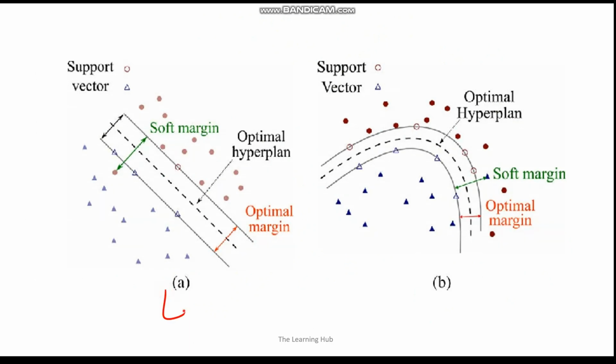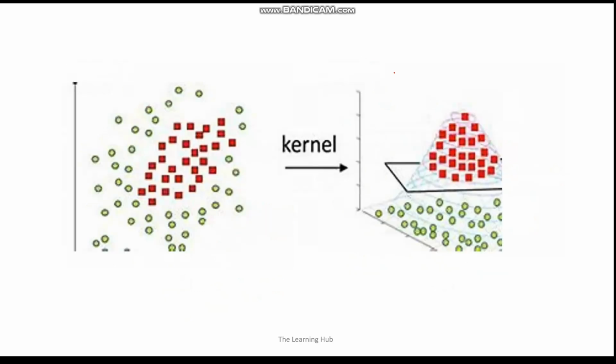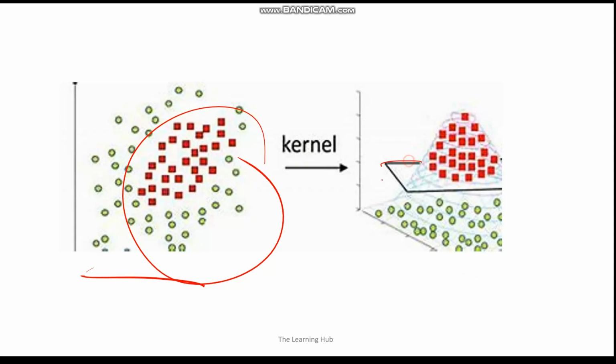So this is my linear SVM and this one is non-linear SVM, in which we will get a hyperplane in both cases, and we will be having soft margins and the optimal margins. If we are having this type of data and we want to organize it, then the kernel will work like this, in which we set the kernel or hyperplanes.